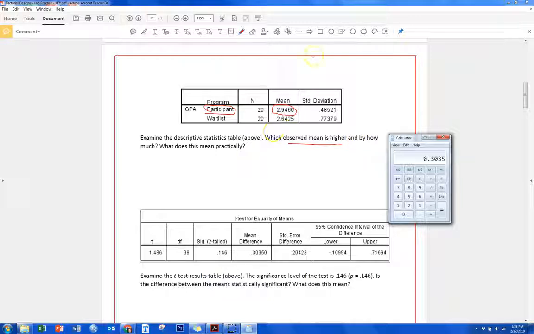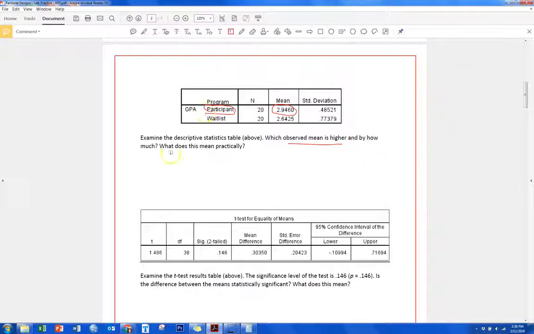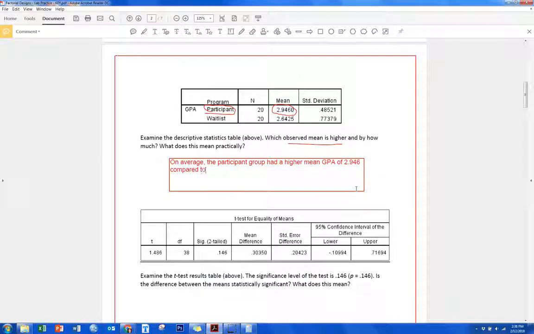So let's go ahead and make a note of that. Okay, so on average, the participant group had a higher mean GPA of 2.946 compared to the mean of the waitlist group, which was 2.6425.